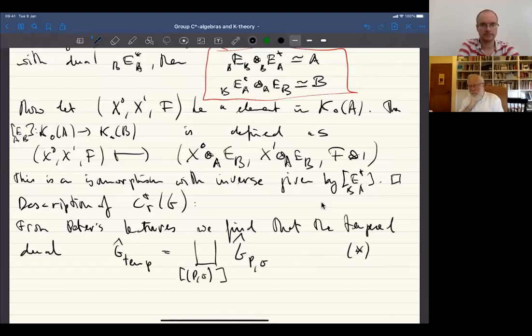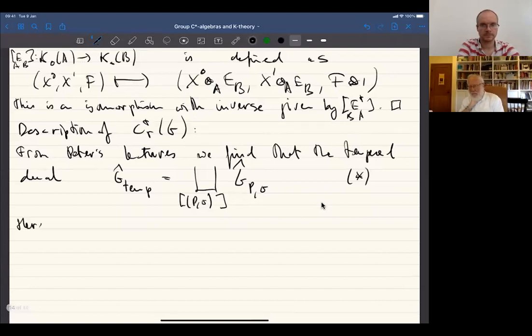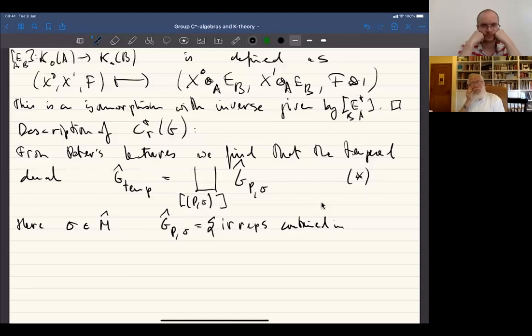So here, sigma in M hat and G hat P sigma is a set of irreps contained in what Peter called this representation over here.